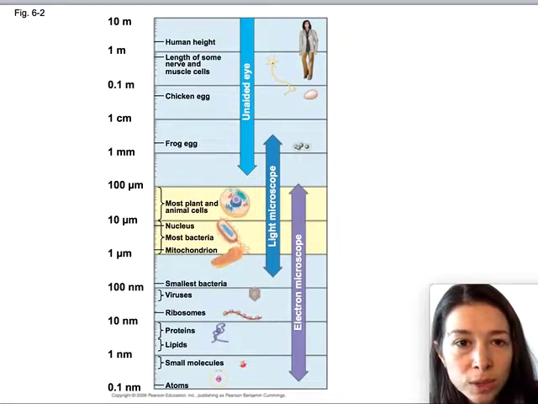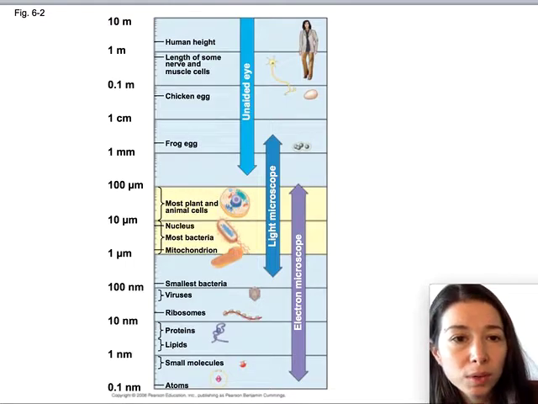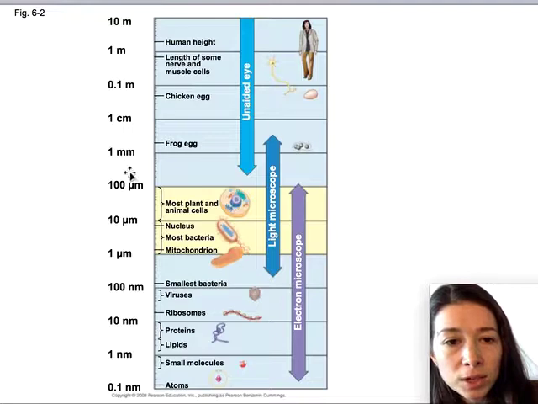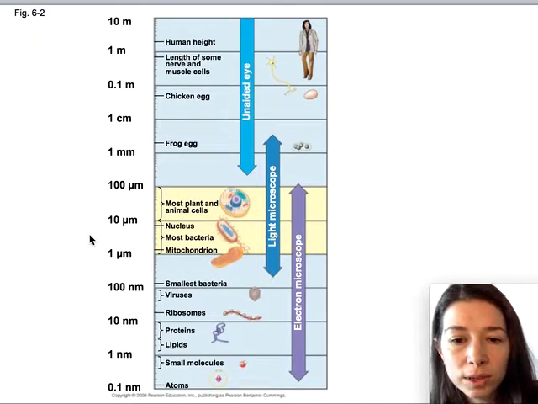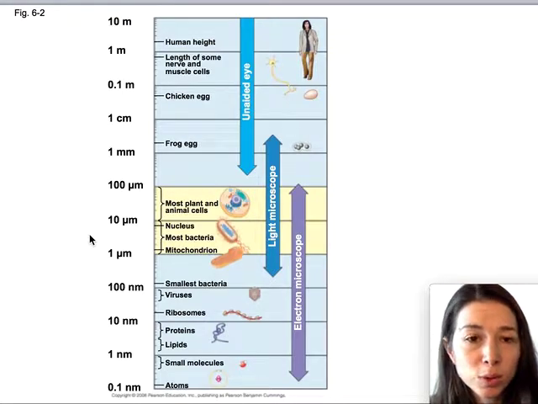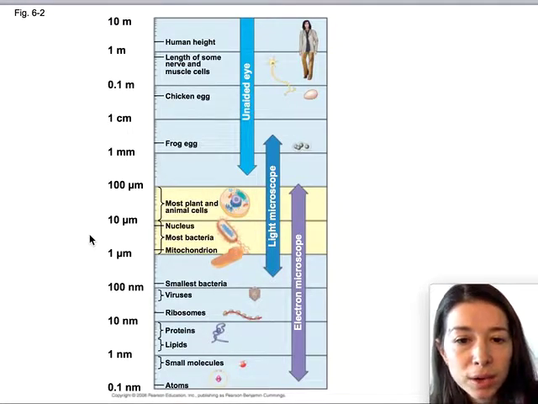So you might be 1.5 meters tall, maybe a little taller. A chicken egg is maybe 10 centimeters big. A frog egg is a few millimeters big. So here we've moved from meters to centimeters to millimeters. When we start talking about things in the micron scale, these are organisms that we usually need light microscopes to see, so they're about 10 microns or 1 micron, in that range.